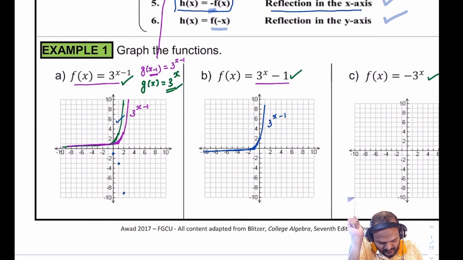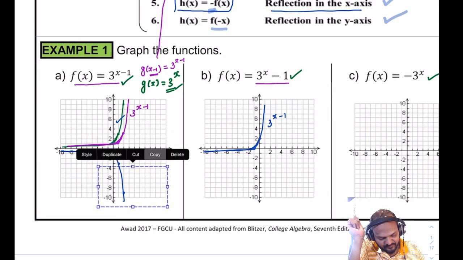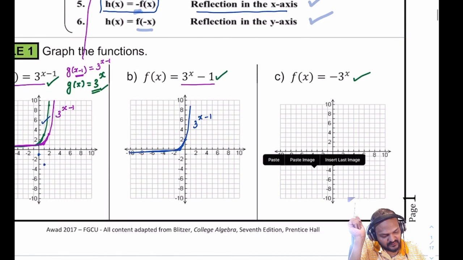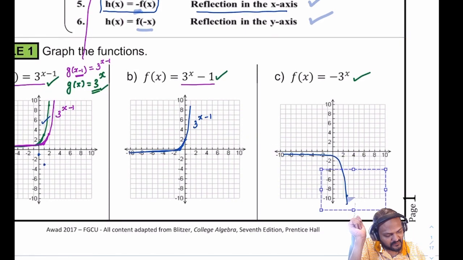So the graph is going to look like this, right? And that is the reflection. So let me cut it and then paste it right here. And that will be this graph.